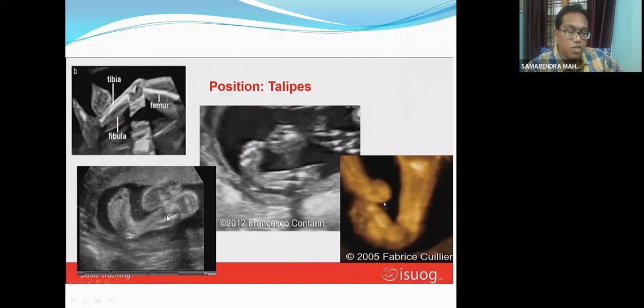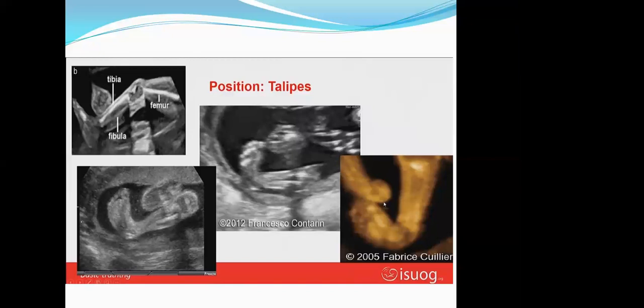But the image just below it showing a plantar view of the foot, and in the same image we are able to see the tibia and fibula in coronal section. And in real sense, whenever we are getting the tibia and fibula in coronal section, we should not be able to see the plantar view, because we have to rotate to normally see the plantar view.